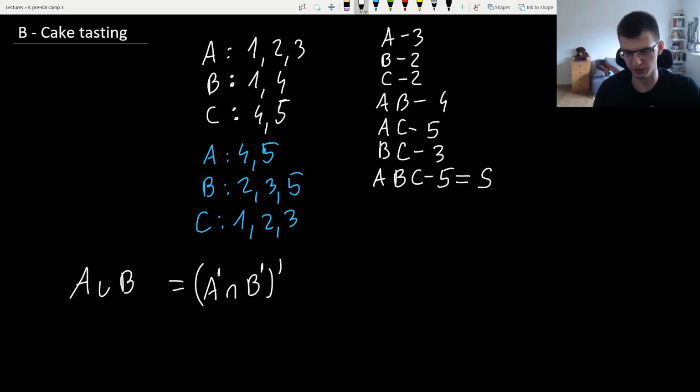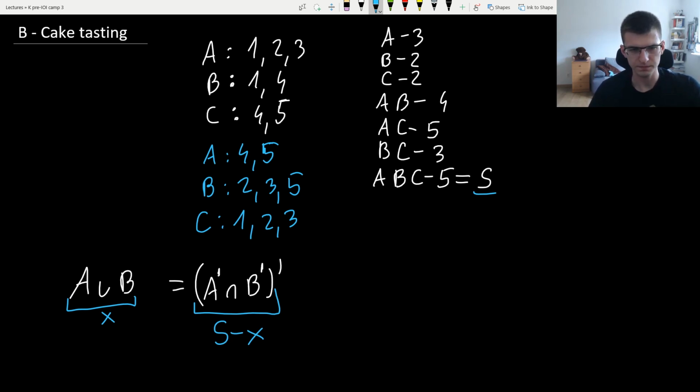So this is the formula that we use. And from that we know that if the size of that is x, then the size of this is s minus x. S is usually called omega, but s is our number of different things that we operate with.